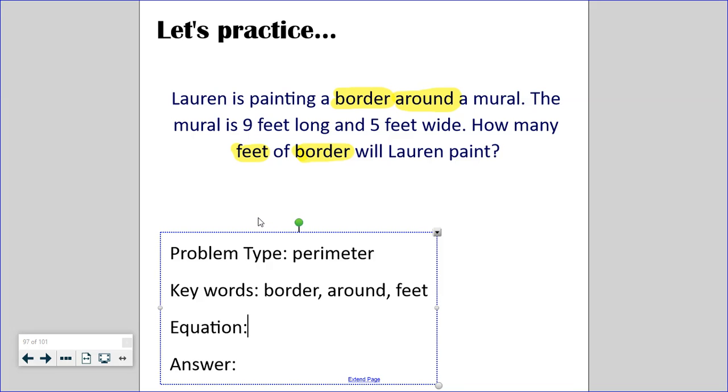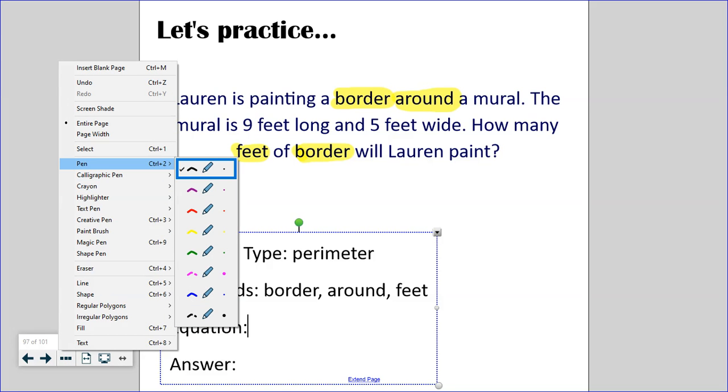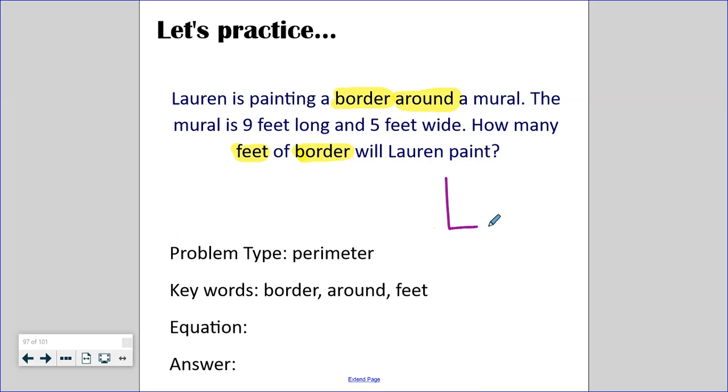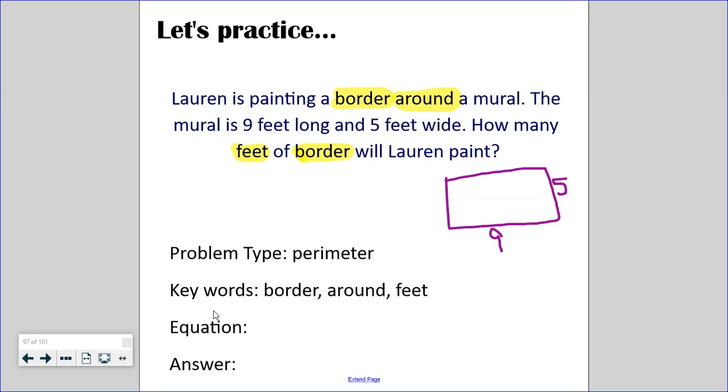Well, on scratch paper, I would draw a picture of a rectangle, and I'm just going to go ahead and draw one for you. I would probably draw something like this. And then I would say, okay, 9 feet long, so it's 9 feet long, 5 feet wide, so it's 5 feet wide. Because for me, and for most students, actually, drawing a picture will help you visualize it.